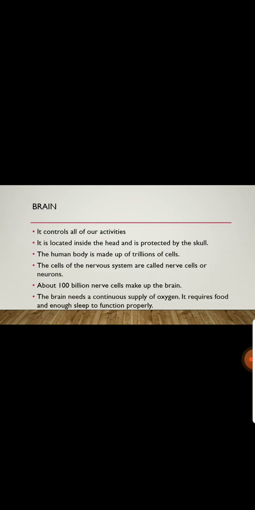And the cells that are in the nervous system, they are called nerve cells or neurons. Then about 100 billion nerve cells make up the brain. And our brain needs continuous supply of oxygen, which means that it requires proper food and enough sleep to function properly.